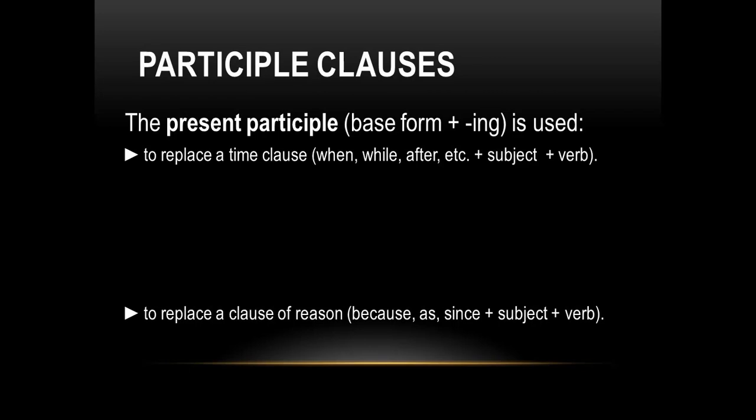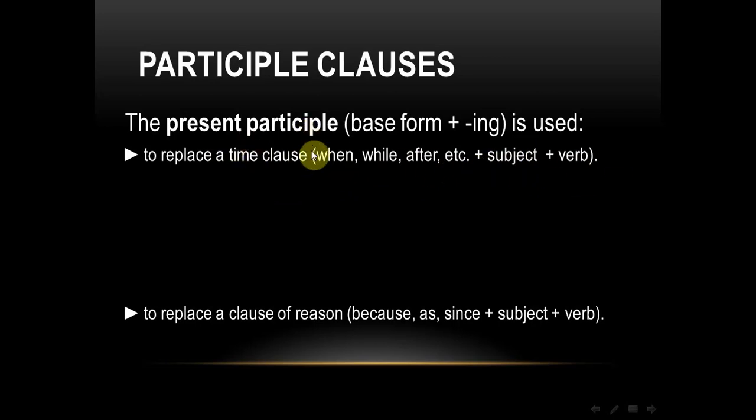Why do we use it? بيقول لي is used to replace a time clause. التايم كلوز اللي فيها when أو while أو after etc. وبعدين السبجكت والفيرب، يبقى ده كله بتحل محله البريزنت participle.